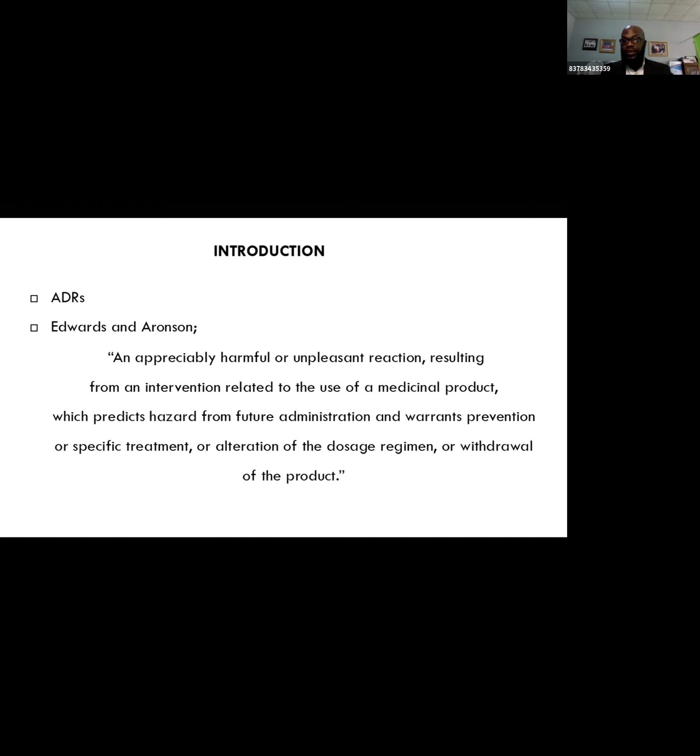The reaction that is observed will tell you that in the future, there could be hazards attributable to this particular product. And as such, you will need to develop some prevention or specific treatment, or look at the regimen and try and alter the dose, or in the worst case scenario, withdraw the product completely.